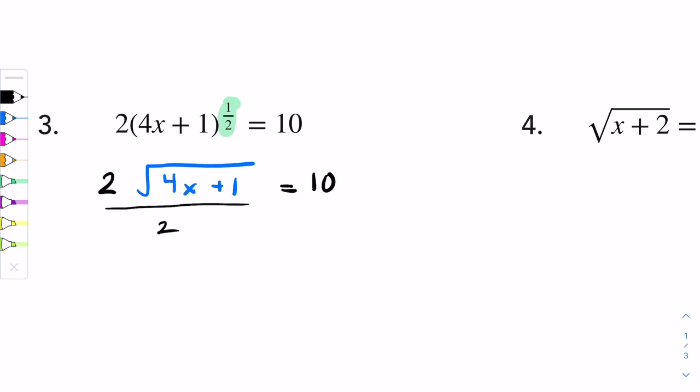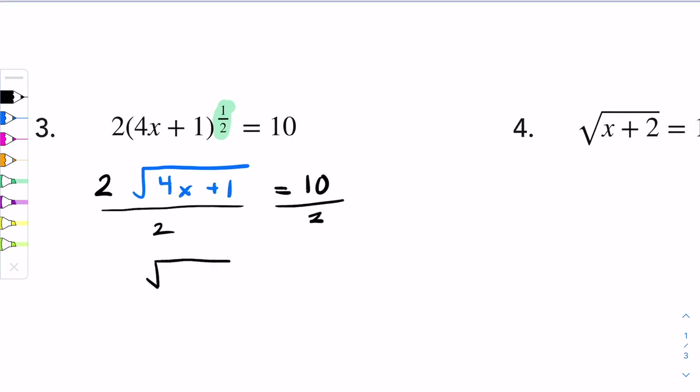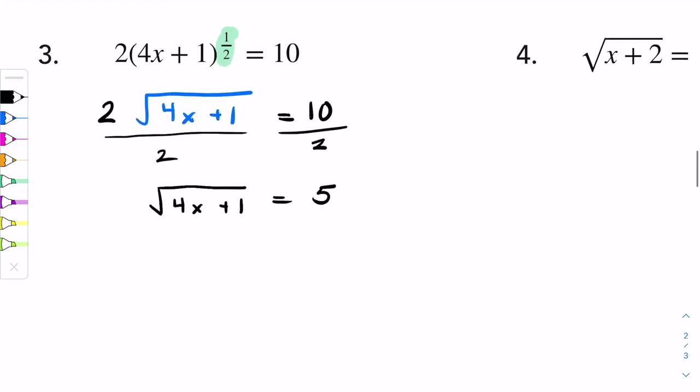Then I'm going to divide both sides by 2 to isolate the radical, leaving me with the square root of 4x plus 1 is equal to 5. Just follow along as I complete the rest of this one and number 4.